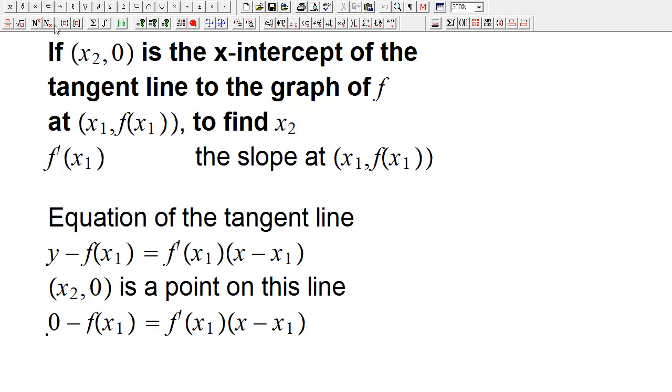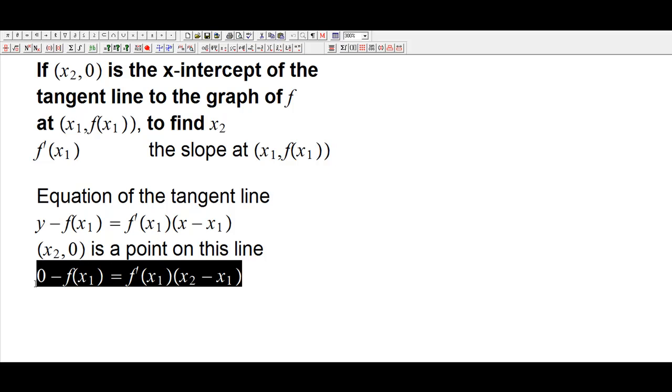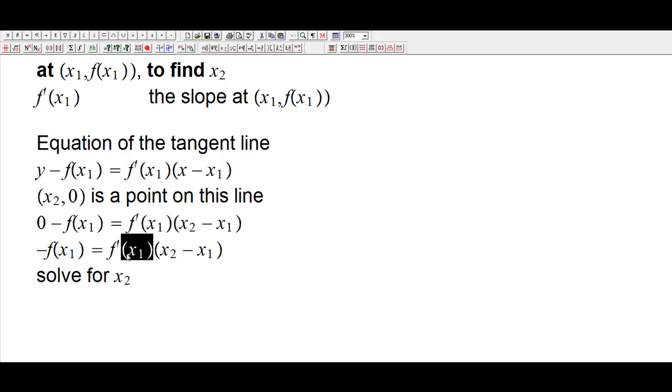So what does this produce for us? Now all we have to do is solve for x2. We divide by f prime at x1, and when we choose a point, we should choose it in a way that this is not equal to 0, so the tangent line is not horizontal.